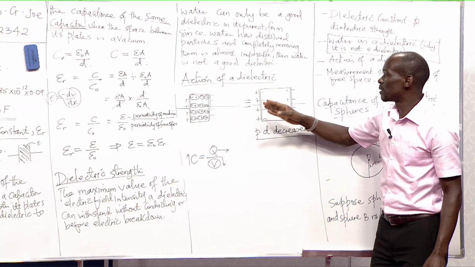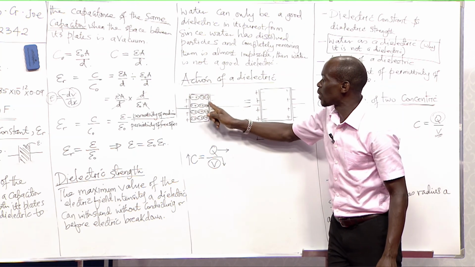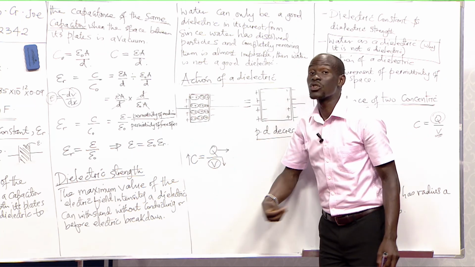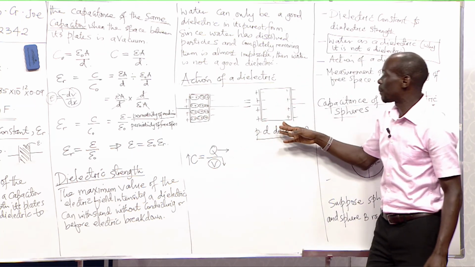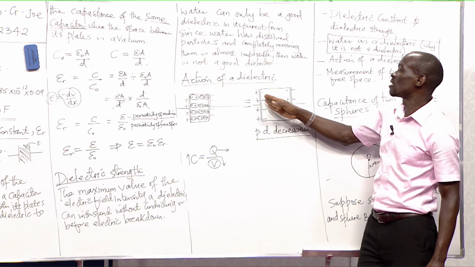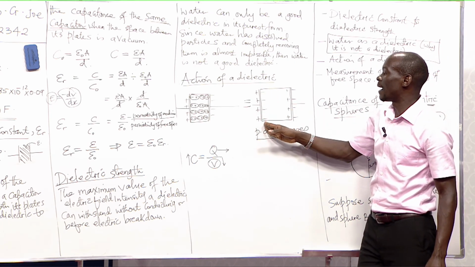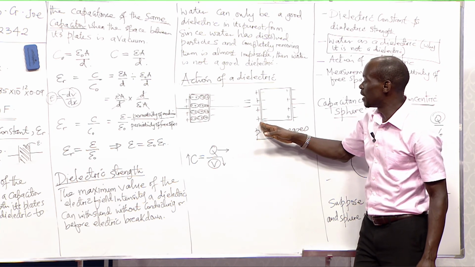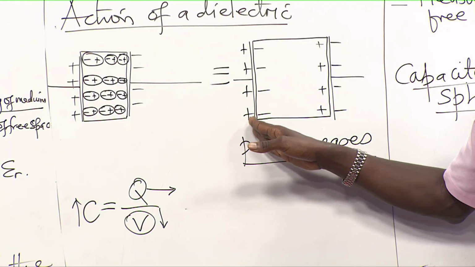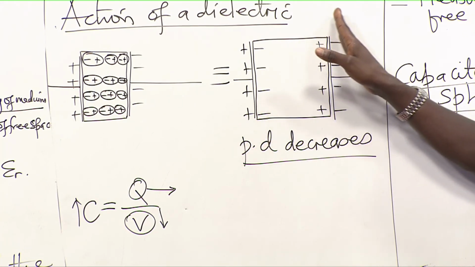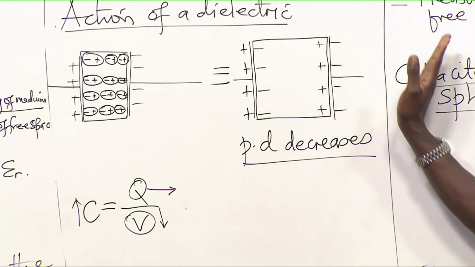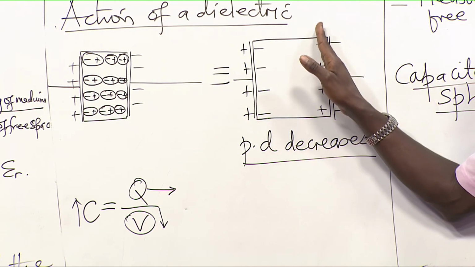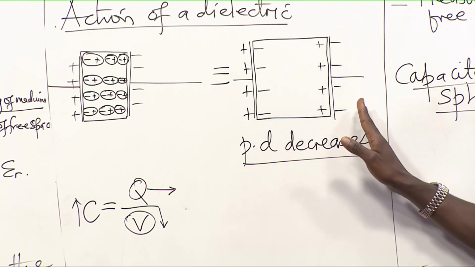Now, due to that, since these ones are the bulk molecules, the effect of the bulk molecules will cancel each other out and come up with something like this. So we shall have negative charge induced on the side adjacent to the positive plate. And then also, on the other side, positive charge is going to be induced on the side of the dielectric near the negative plate.